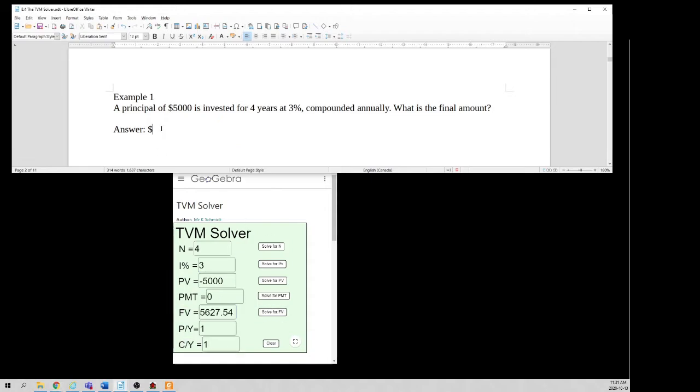So according to this, I will have $5,627.54. So before we were using a formula and a spreadsheet to calculate this, we can now use the TVM Solver to do it a lot quicker.